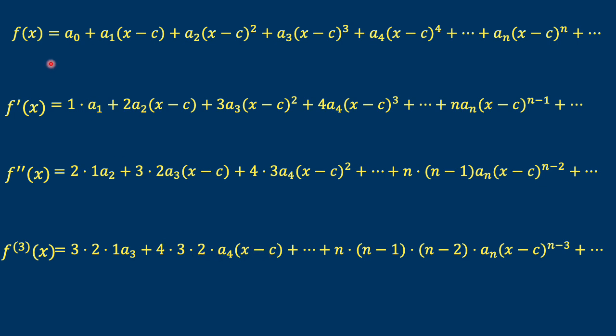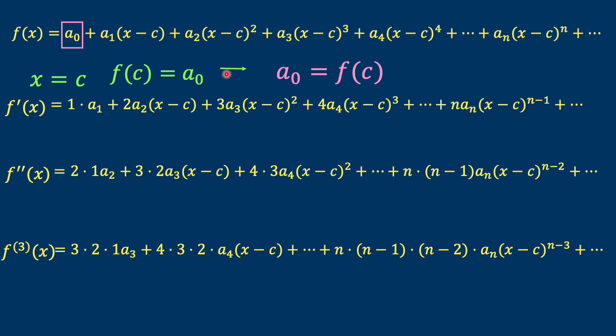So now we want to find a0. You plug in the center, x equals c, and every power of (x minus c) term is 0. So you have f of c equal to a0. So a0 is f of c. Now we need to find a1.